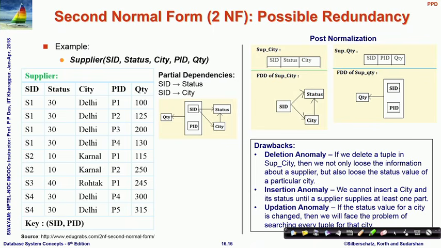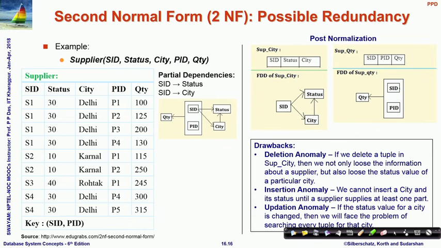In the table supplier, SID and PID together form a key, and as that happens, you can clearly see that there is a lot of redundancy in the status, which will cause different anomalies to occur.